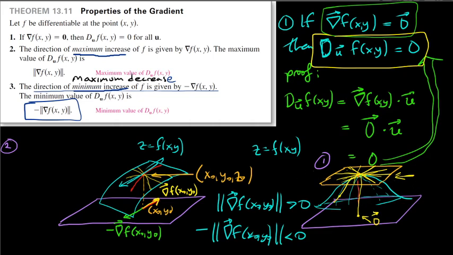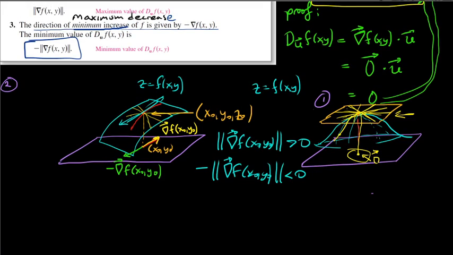Right. And so this is going to come up a little bit later when we talk about critical points. A critical point is where the gradient is 0. So that either gives you a peak, like this, or in some cases, a valley, right? So if this is pointing downward like this, you're at a minimum. So this is how we're going to find our maximum and minimum points on our graphs, right?